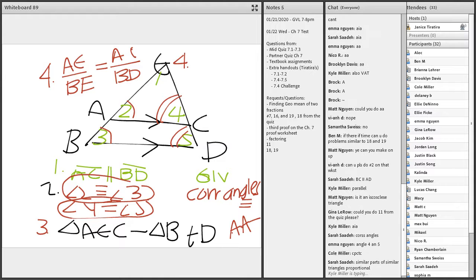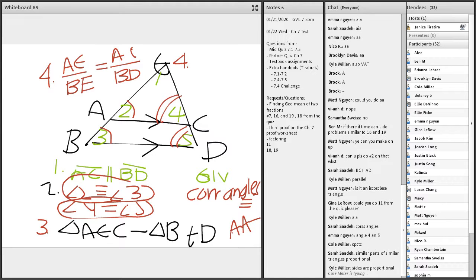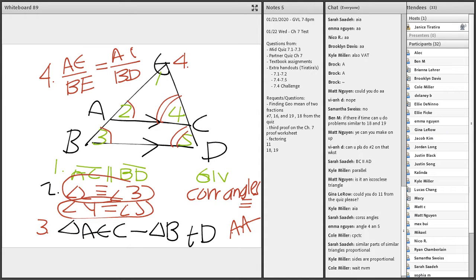What would the sentence be? Yes. Yep. So similar parts of similar triangles are proportional. Tier's class could be sides are proportional in similar triangles. It all comes down to saying sides are proportional.